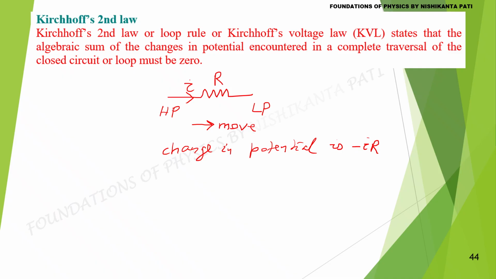Similarly, this is a sheet of EMF. Of the sheet of EMF, this plus is at high potential, this minus is at low potential. This is the direction of EMF. The direction of EMF is from negative to positive.